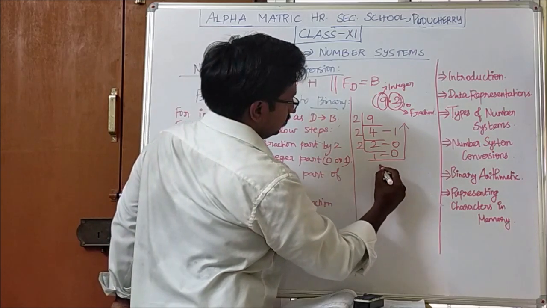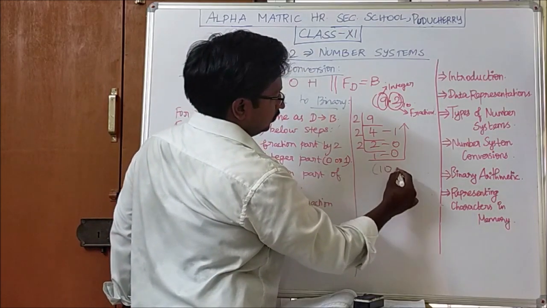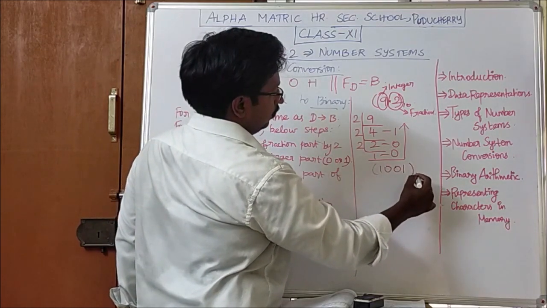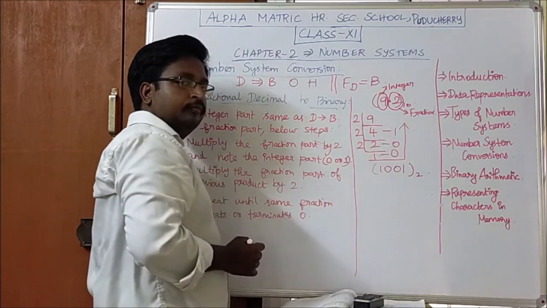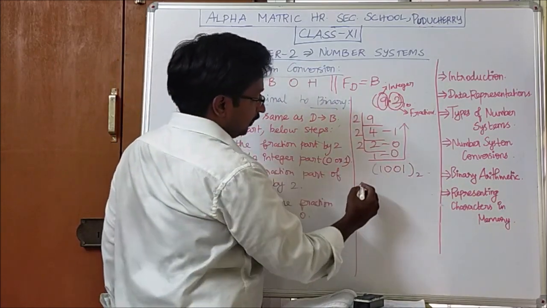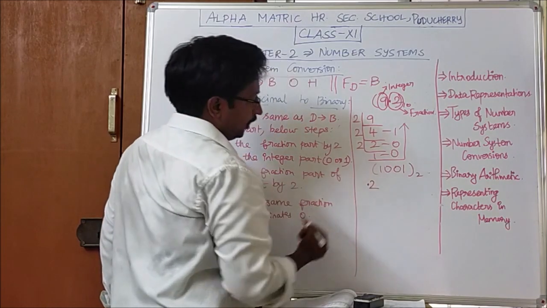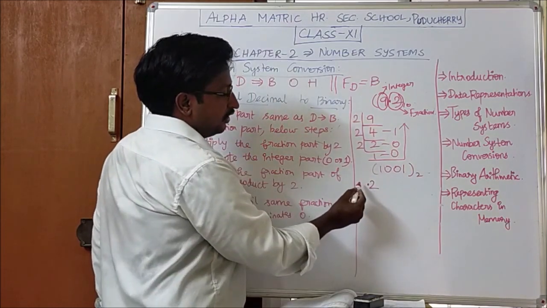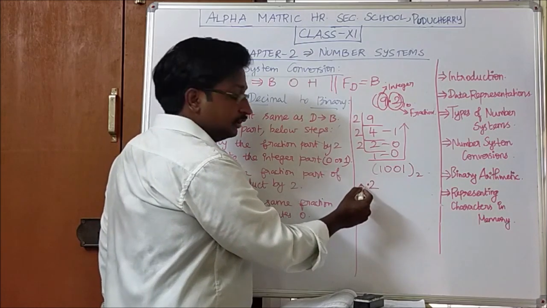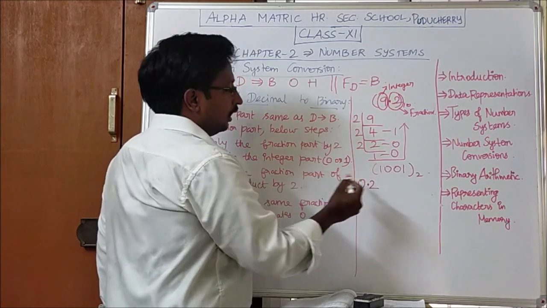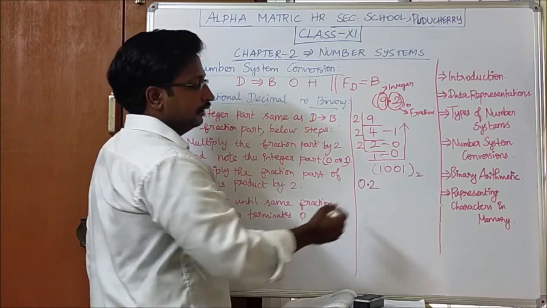I will write the answer, that is 1001 base 2. In the fractional part, first we have to take the decimal point. Before the decimal point there is nothing, so we have a 0. It is understood.